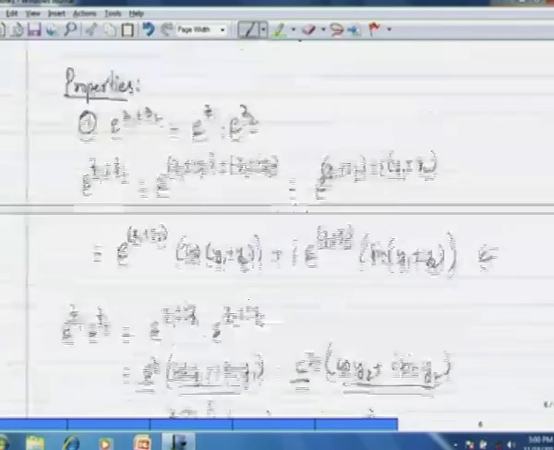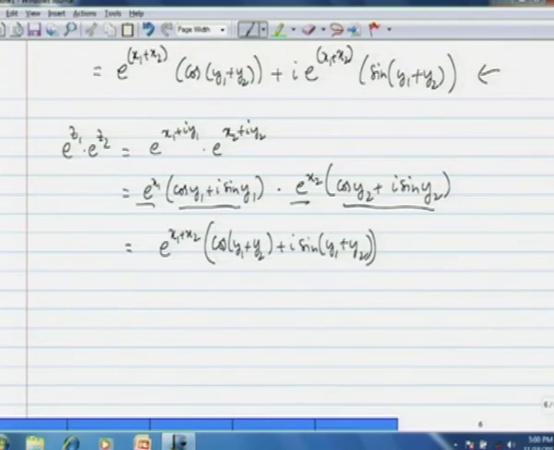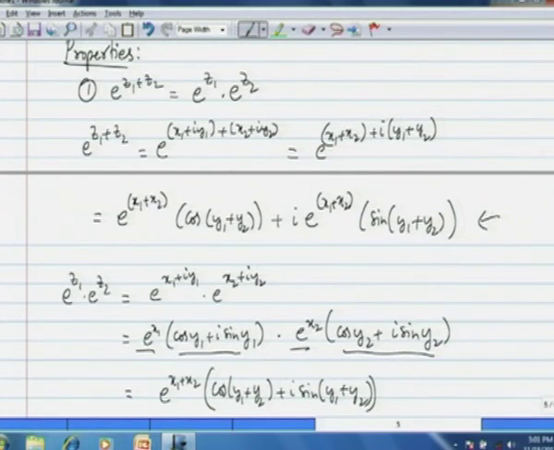Of course, in this definition, these are the real exponential functions here, so we already understand them. So, indeed, we get this property, the property which we were motivated by.